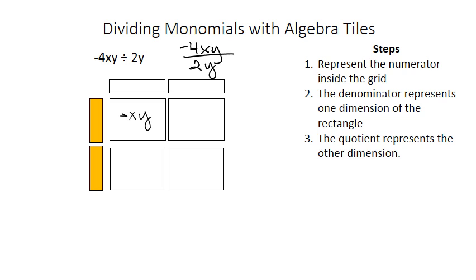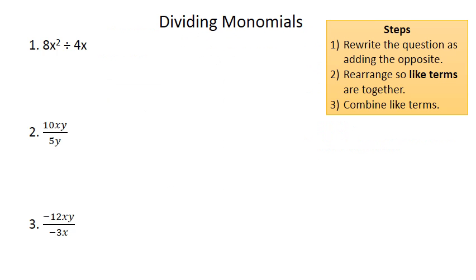And so it would be negative 2, because we have 2 of them, x. So that means, let me just write this separately, it's really messy. Negative 2x. So that means that negative 4xy divided by 2y gives me negative 2x. And that makes sense because if I have negative 4 divided by 2, that would give me negative 2. And xy divided by y would give me x.